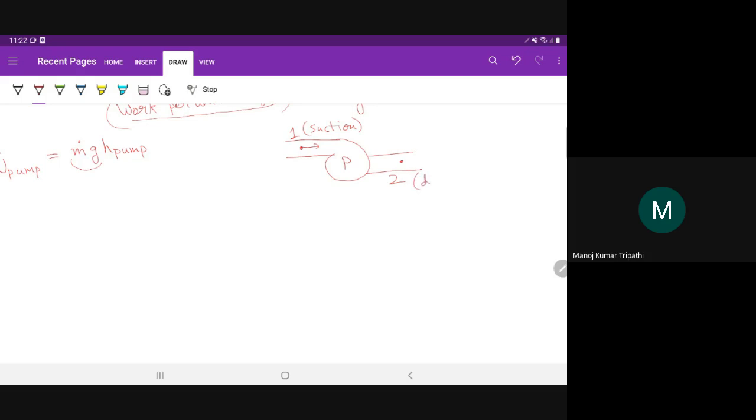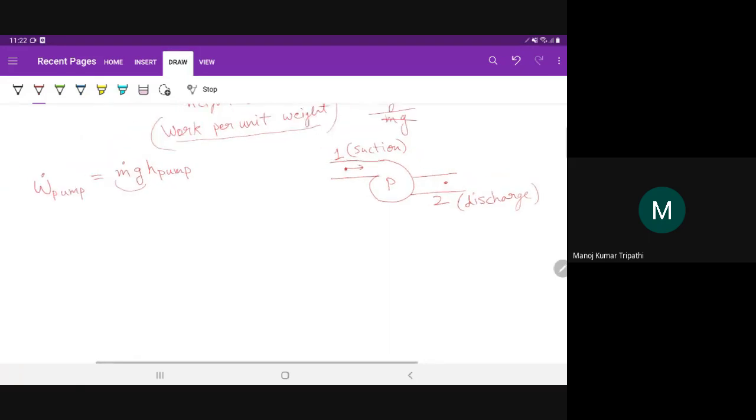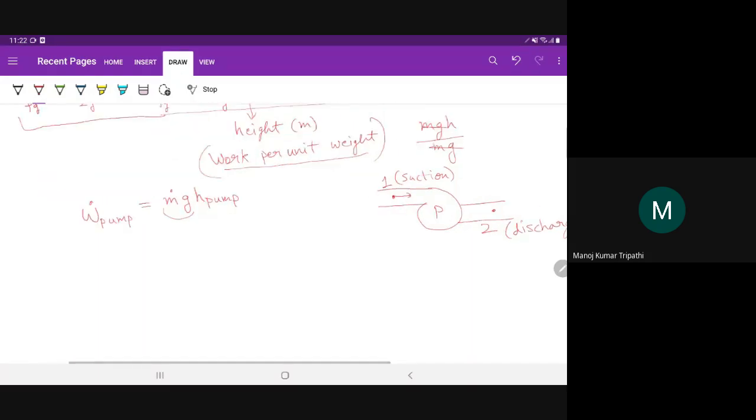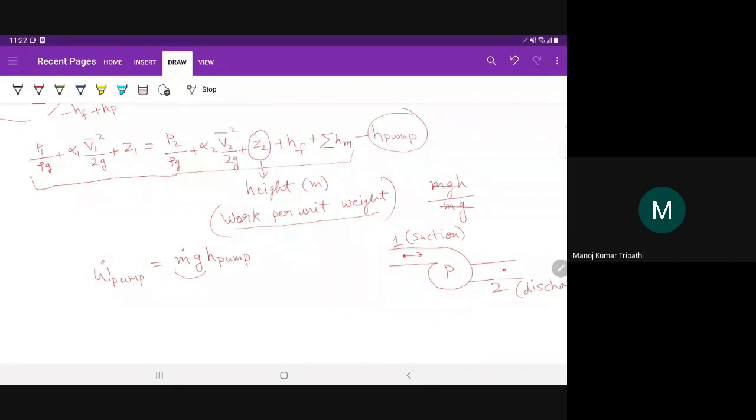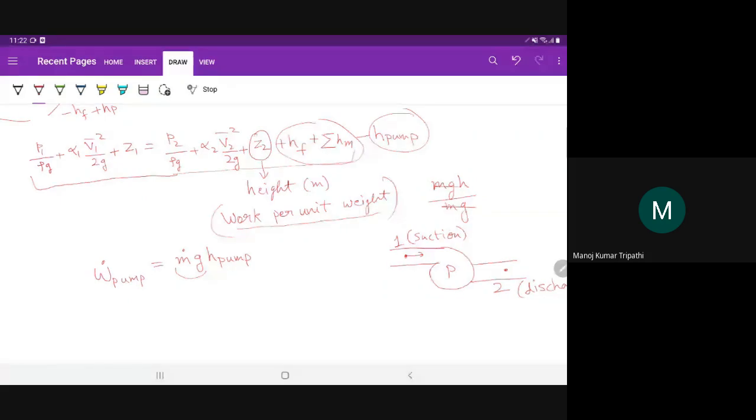This is also known as the discharge side of the pump. So suction and discharge. So here we don't have much pipe length to worry about. We are just focusing on the inlet and outlet of the pump. So we can neglect these HF and HMs. We can just focus on H pump.